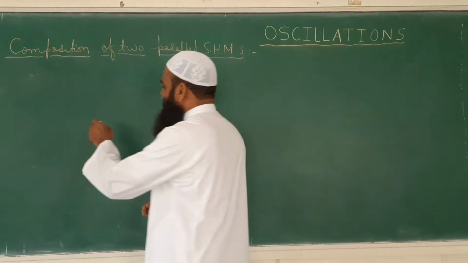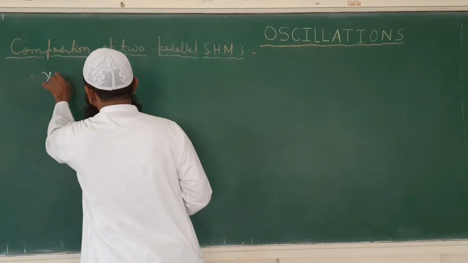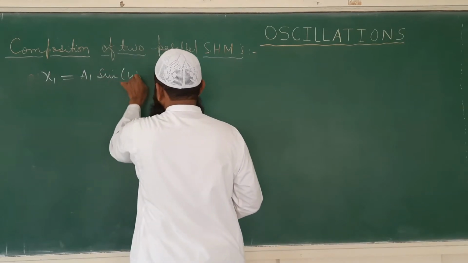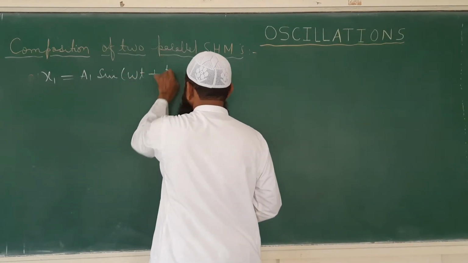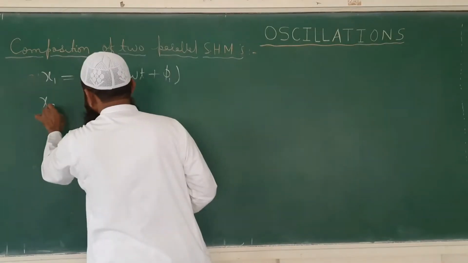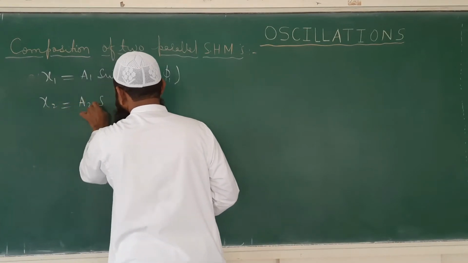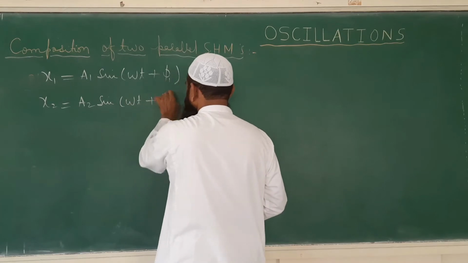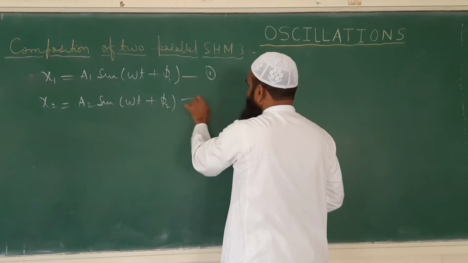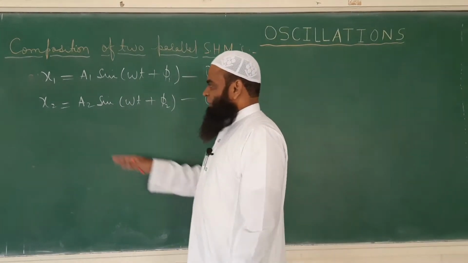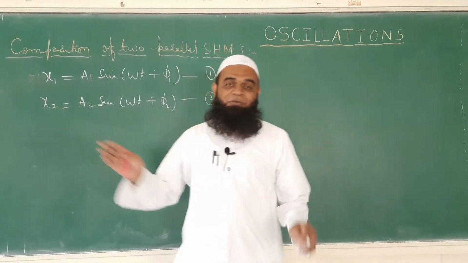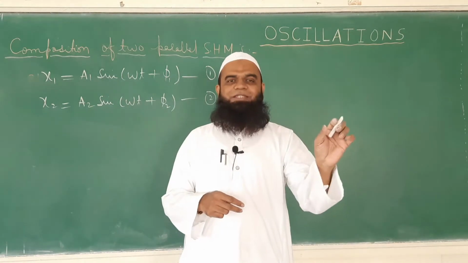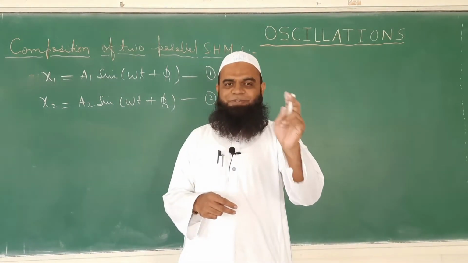So its displacement is given by x1 equals a1 sin(omega t plus phi 1), and x2 equals a2 sin(omega t plus phi 2). Give these equation number 1 and equation number 2. So these are the displacements when a particle is subjected simultaneously to two parallel SHMs.